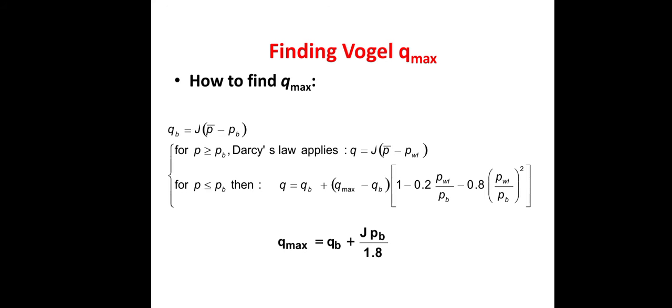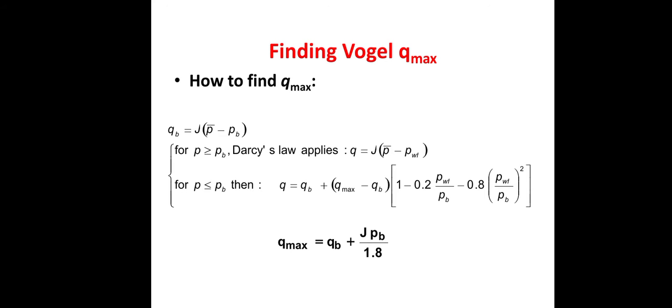There you can get the Q at the bubble point from the Darcy equation, since you already have the pressure at the bubble point. Then you substitute in the Vogel equation.